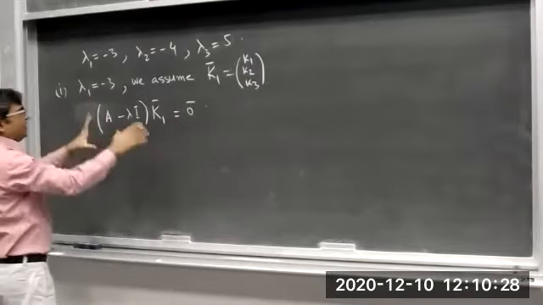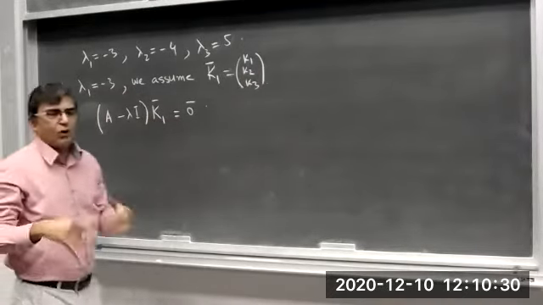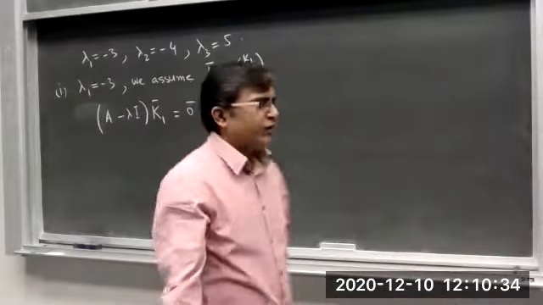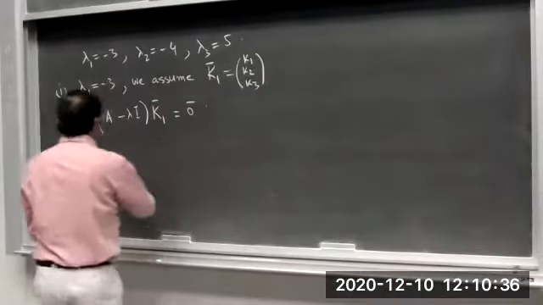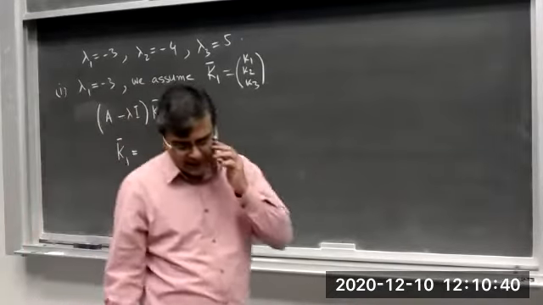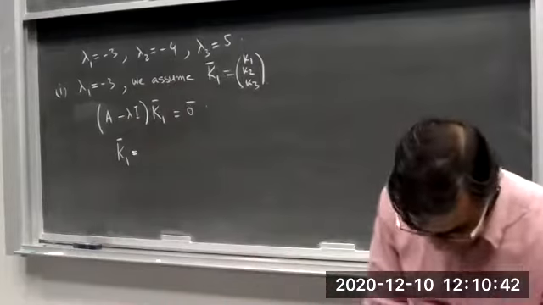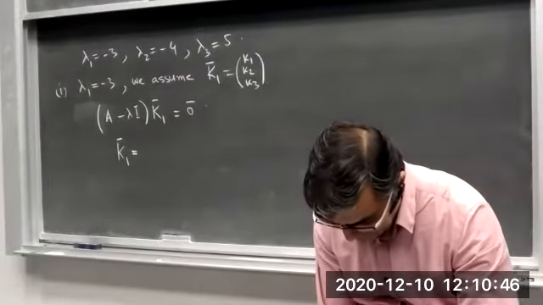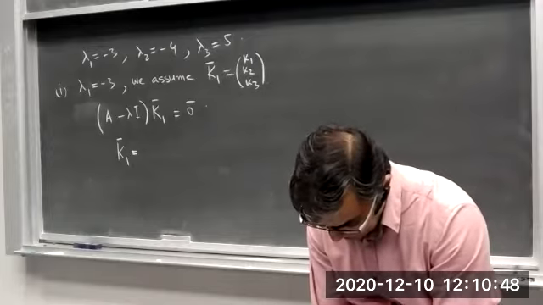Now, inserting all these values will give a homogeneous linear system. After solving that system, we can obtain the value of K. I hope you can do it and find the K1.